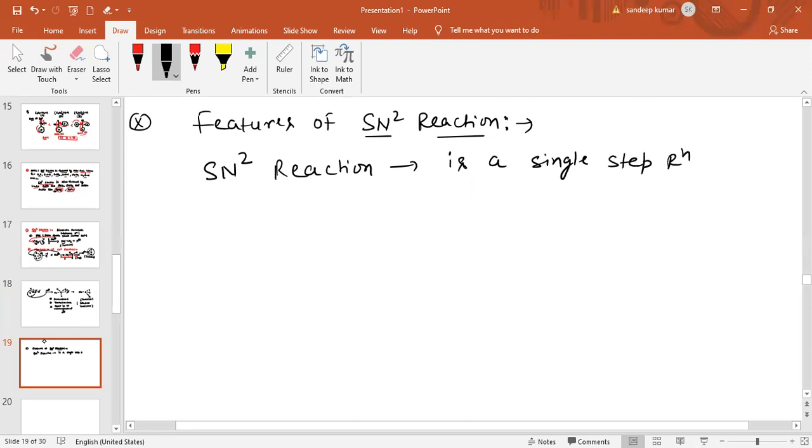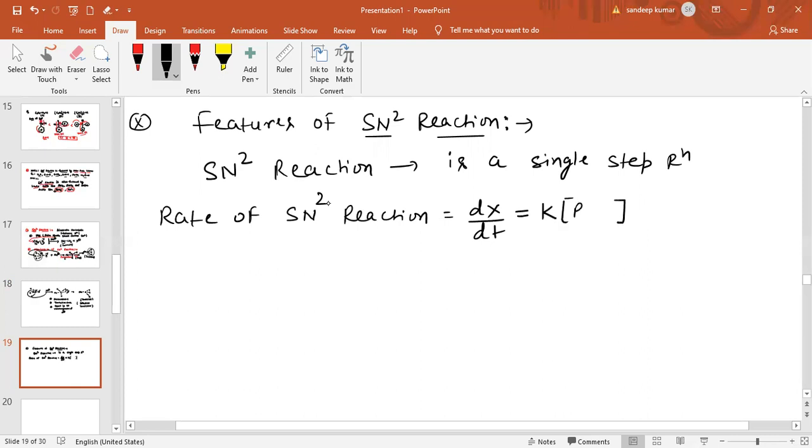SN2 is a single step reaction, and the rate of SN2 reaction is dx upon dt, where K is the proportionality constant. So the rate of this reaction depends on the concentration of alkyl halide and also on the concentration of nucleophile.